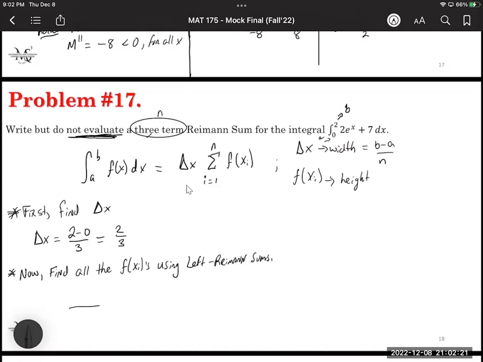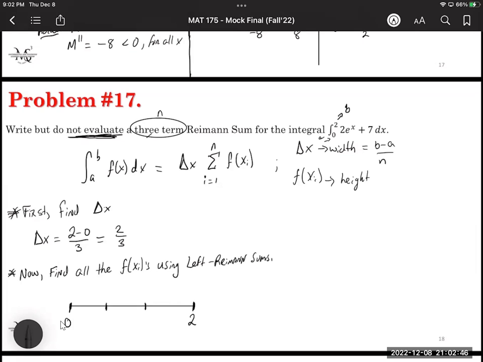So for example, let's look at this line segment. It is based upon your limits of integration. The lower limit was 0, the upper limit was 2. What I'm going to do is partition this line segment into 3 parts. Those 3 parts have equal width, which corresponds to 2/3.